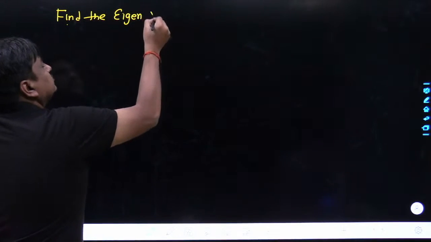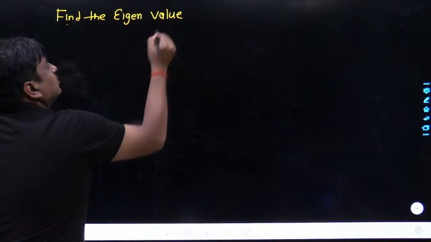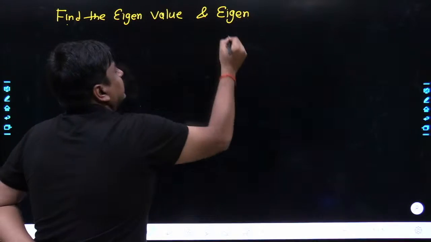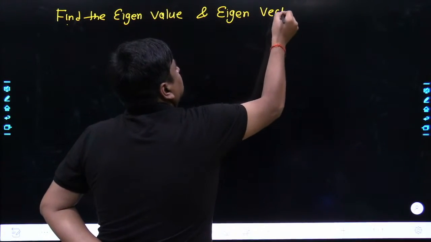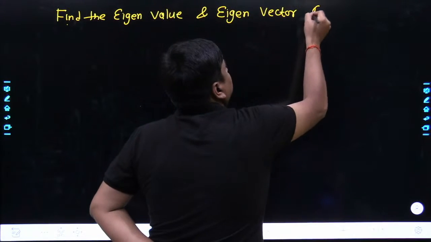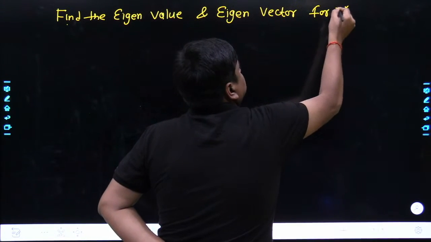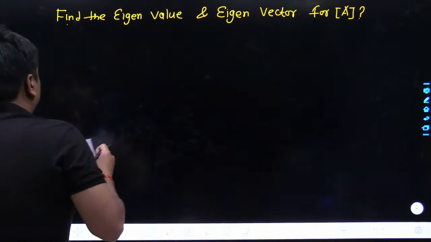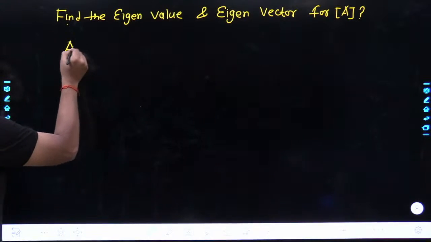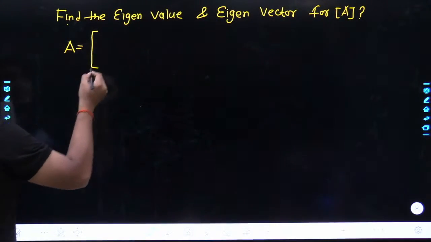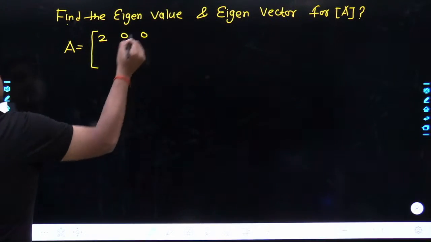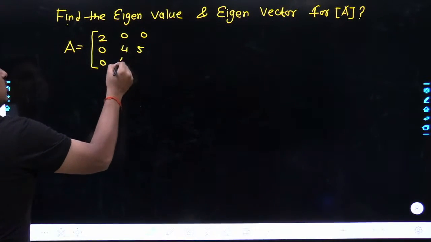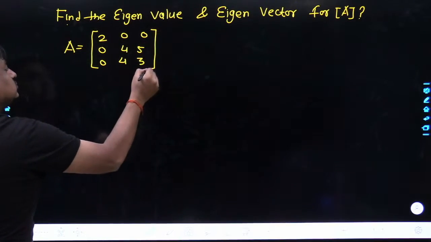Find the eigenvalue and eigenvector for matrix A. Let's take the matrix A, which is a square matrix of order 3 cross 3: 2 0 0, 0 4 5, 0 4 3. This is what my matrix is.